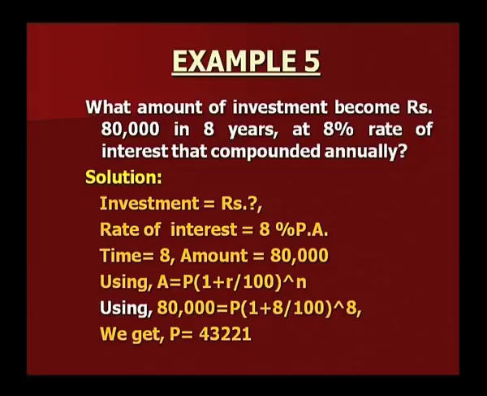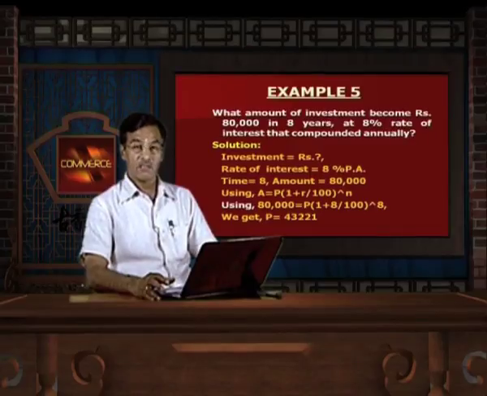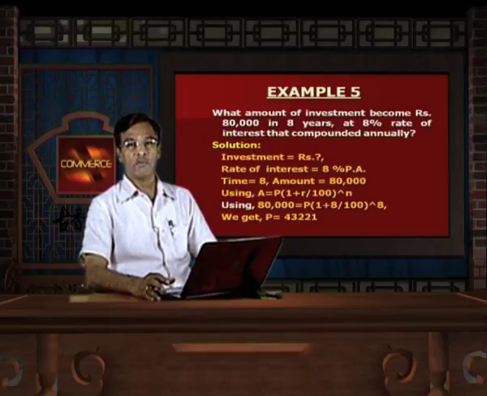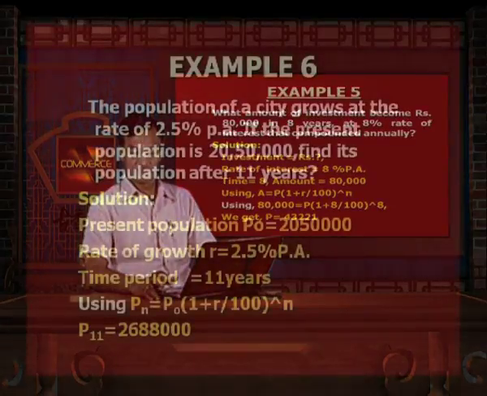Using the formula A is equal to P 1 plus R upon 100 to the power n, we find 80,000 is equal to P 1 plus 8 upon 100 to the power 8. We get P is equal to 43221. Here in this problem, the principal amount is not given. We have calculated using the same formula, and the calculation is performed by taking logarithm and taking anti-log of the result.